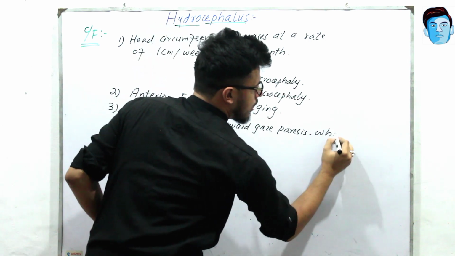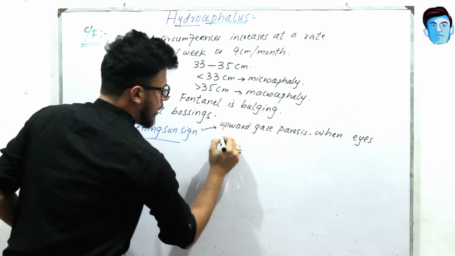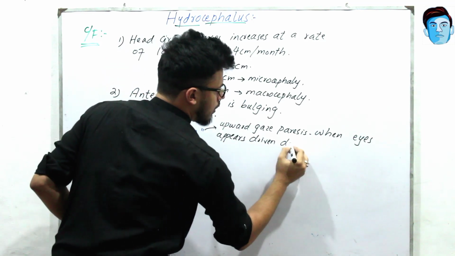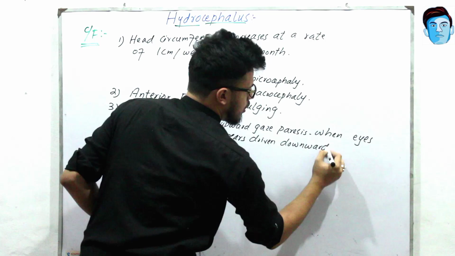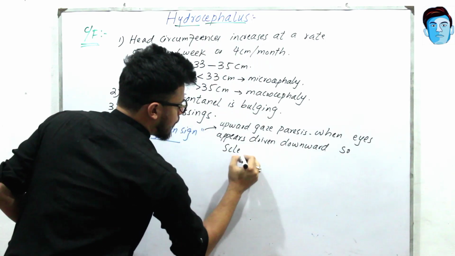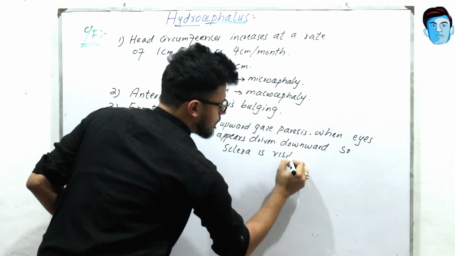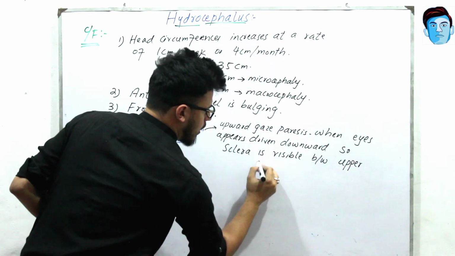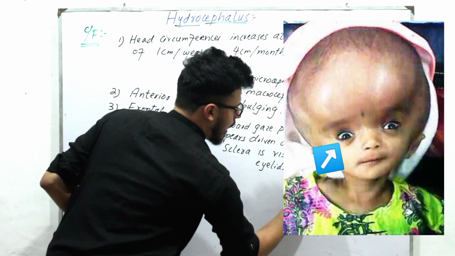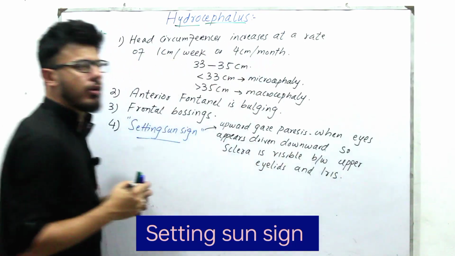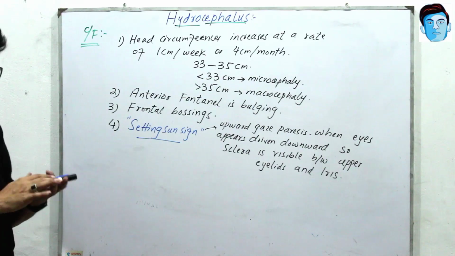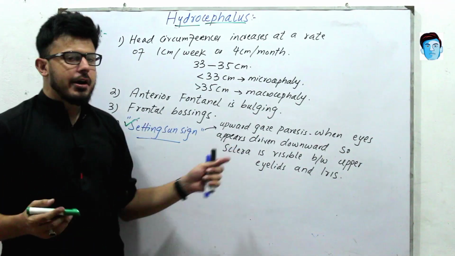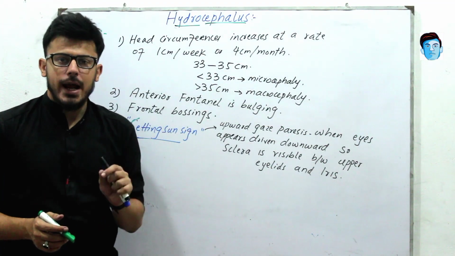What is the most important and diagnostic feature of a hydrocephalus patient? That is called the setting sun sign. In the setting sun sign, the eyes appear driven downward, so the sclera is visible between the upper eyelids and iris.